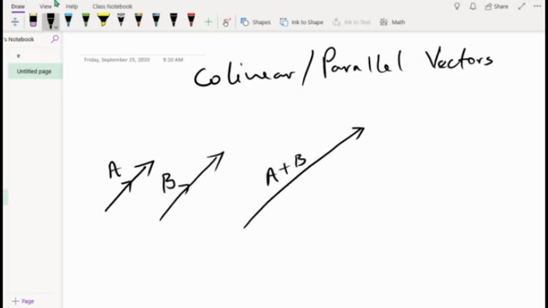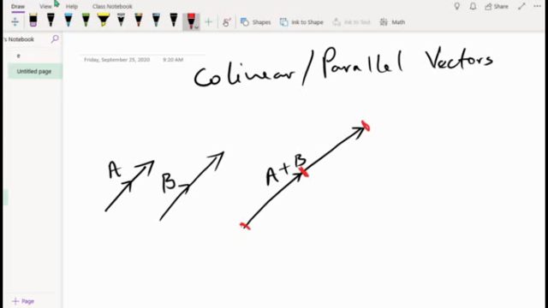So our vector A stops here. From this point to this point is A, while from this point to this point is B. What this simply means is that these two vectors have the same gradient. So two parallel vectors have the same unit vector.